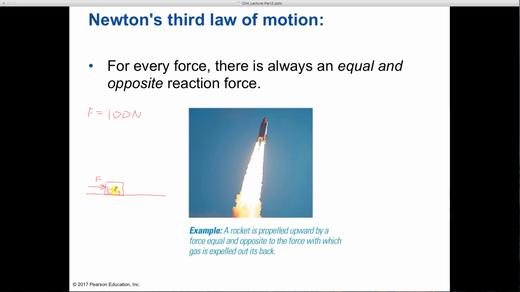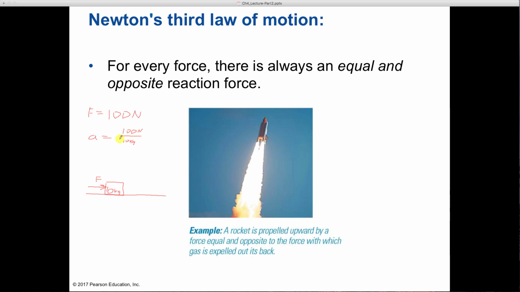The way we can calculate the acceleration of that object is to take the force and divide by the mass. So the acceleration of that object is the force, 100 newtons, divided by the mass of 10 kg.